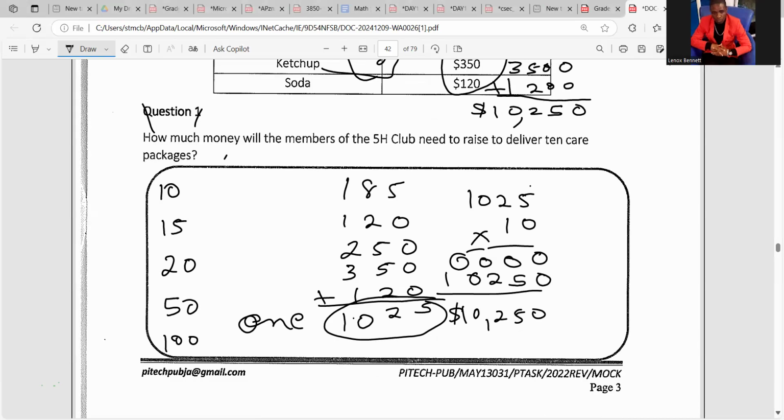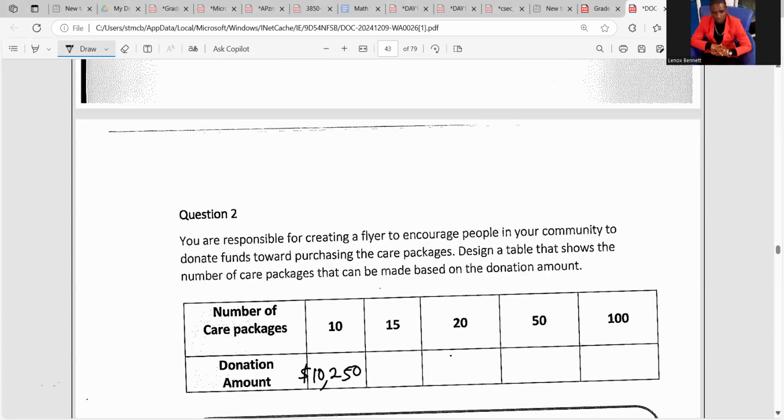I want to see the table itself. Good job, Gabriel.